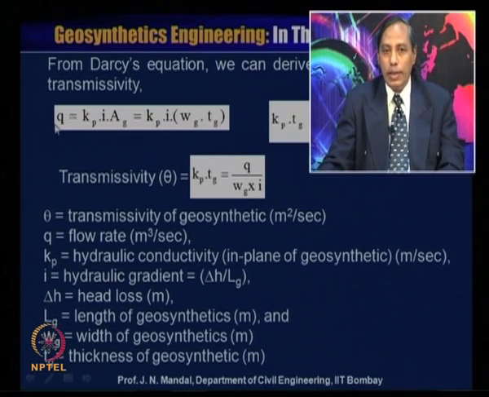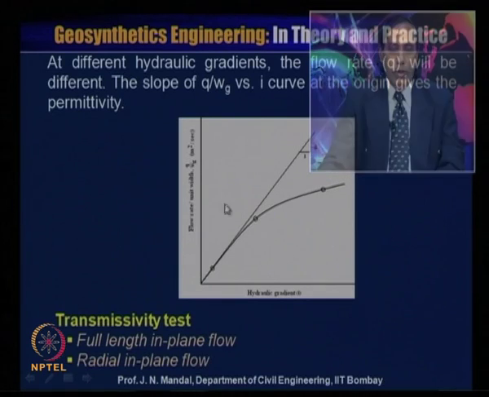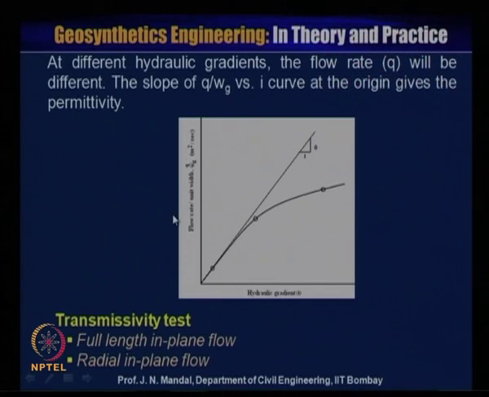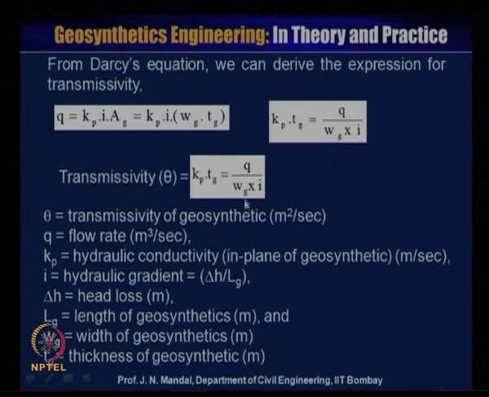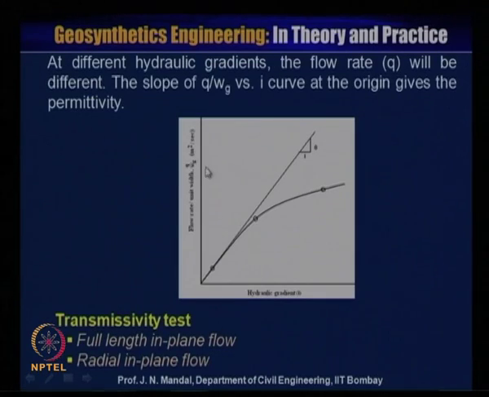So, you remember this equation, what is transmittivity, that is theta is equal to Q by Wg into I. So, like permittivity, you can also obtain the flow rate, that is Q by Wg, and this is related with the hydraulic gradient I. So, for different hydraulic gradients, flow rate Q will be different.